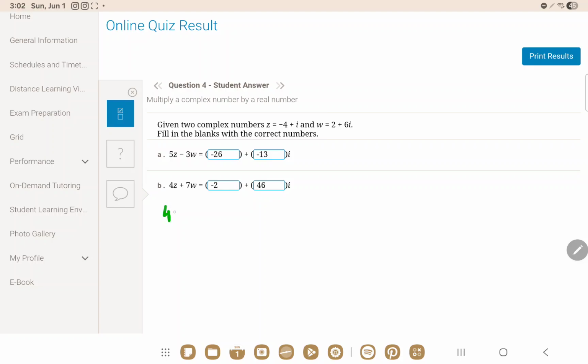Next part is 4z, which is 4 into negative 4 plus i, which is negative 16 plus 4i. And you have 7w, which is 2 plus 6i, which is 14 plus 42i.